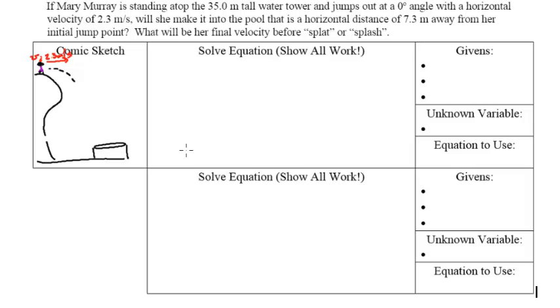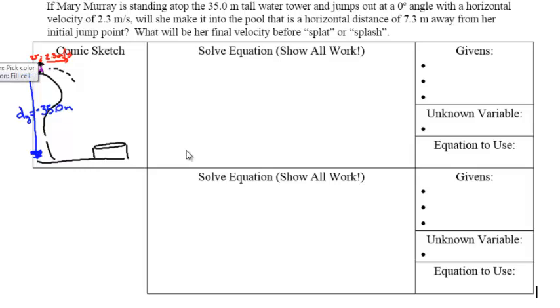We know that she's standing a distance in the y of 35.0 meters. And since we know she's going to travel in this direction, it's a negative number. Now, I haven't given you any hints necessarily, but you need to be very careful.